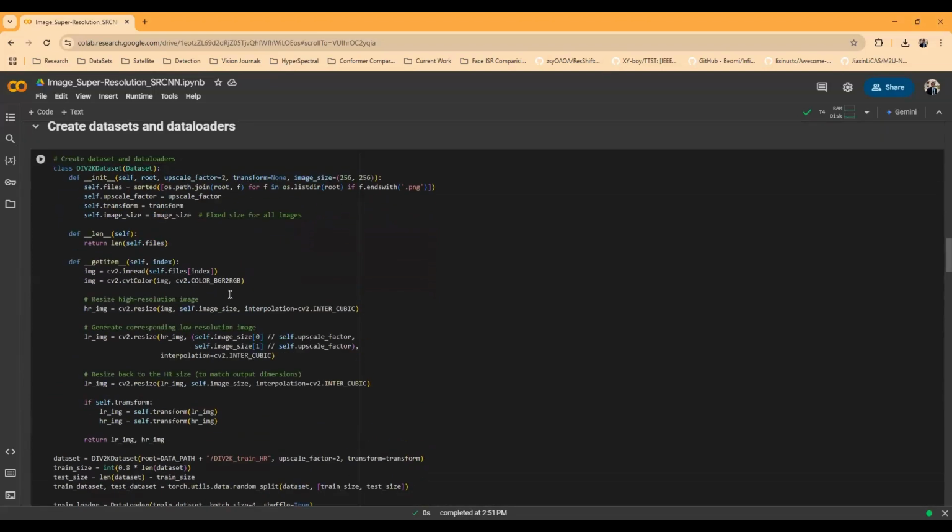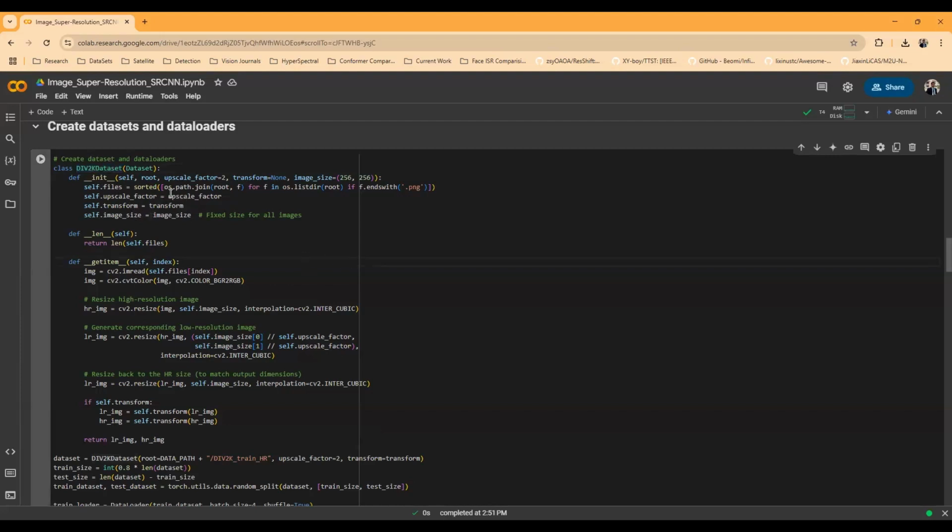Now, the very important part, as discussed in the lab session: using the datasets, we need to create the data loader that is actually supposed to feed the model or architecture that we are working on for training. For that, we have written a DIV2K dataset class.